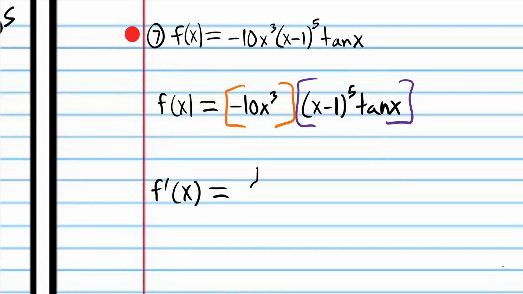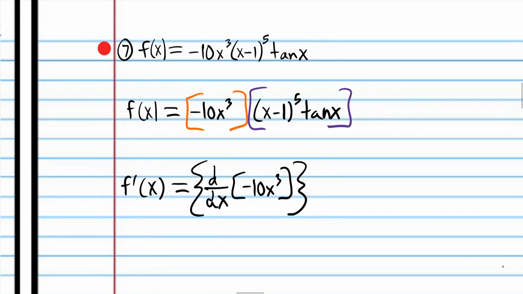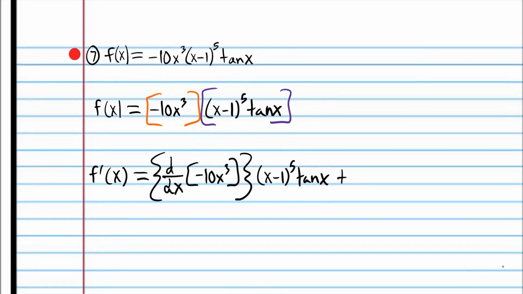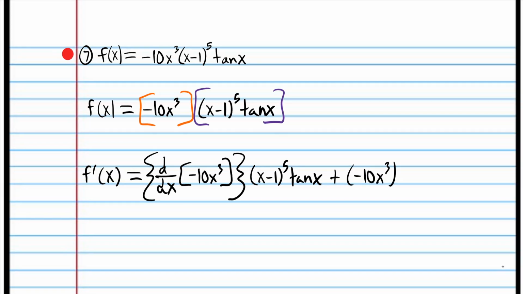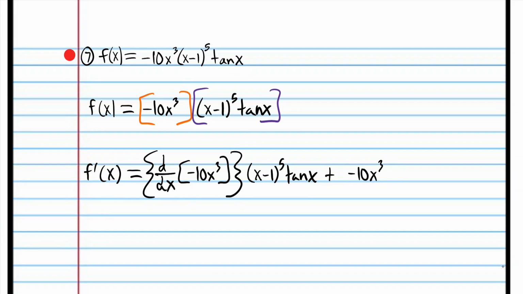So we're going to multiply the derivative of the first expression by the second expression. And then we're going to add the first expression multiplied by the derivative of the second expression.